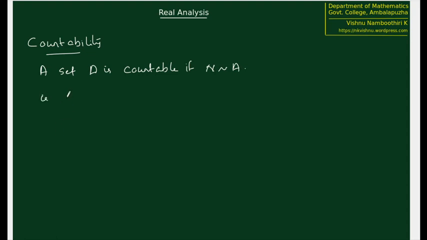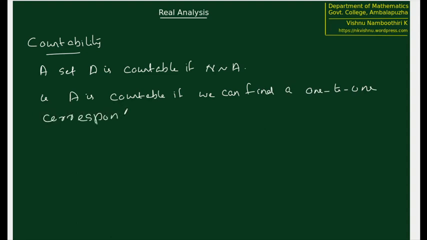That is, A is countable if we can find a one-to-one correspondence from N to A. If we can define a one-one onto function f from N to A, we will say that the set capital A is countable.